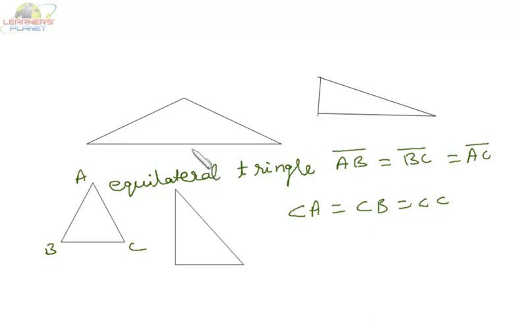Okay. Now just see over here, this is a triangle, say PQR. Here we see that these two sides are equal. That means side PQ is equal to side PR and the third side is not equal to them. So if two sides of a triangle are equal, we call it an isosceles triangle.